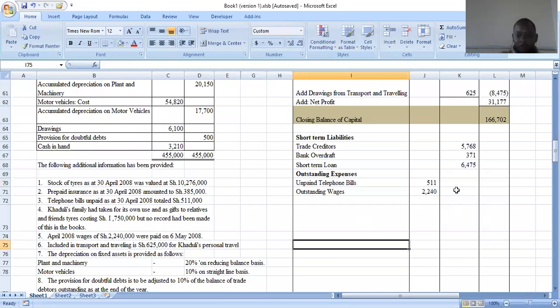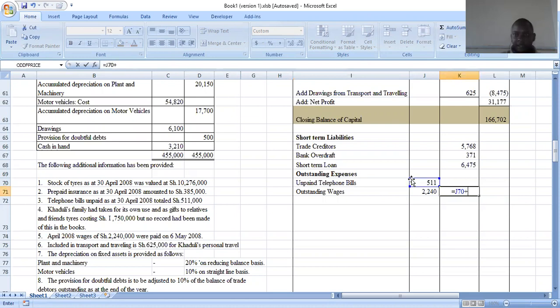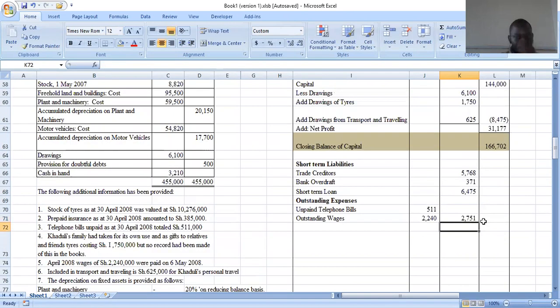In total, the outstanding expenses 511 plus 2240 give me 2751. So those are the only current liabilities that the business had.